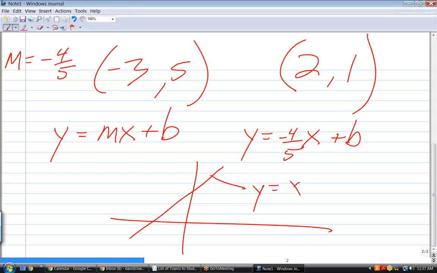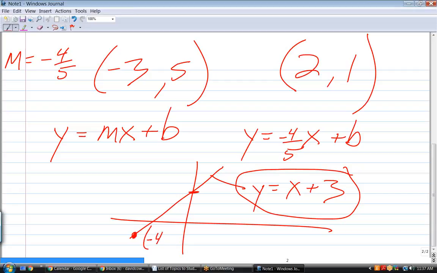It goes through the y-intercept at 3 and has a slope of 1, so that's the equation of that line. If I said, is minus 4 comma 2, or minus 4 comma minus 2, on that line, how would you tell? It has to fit the equation.